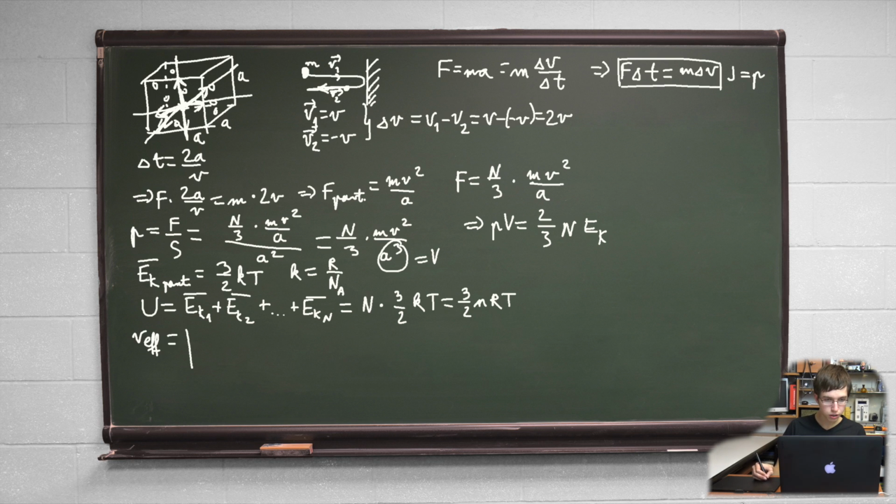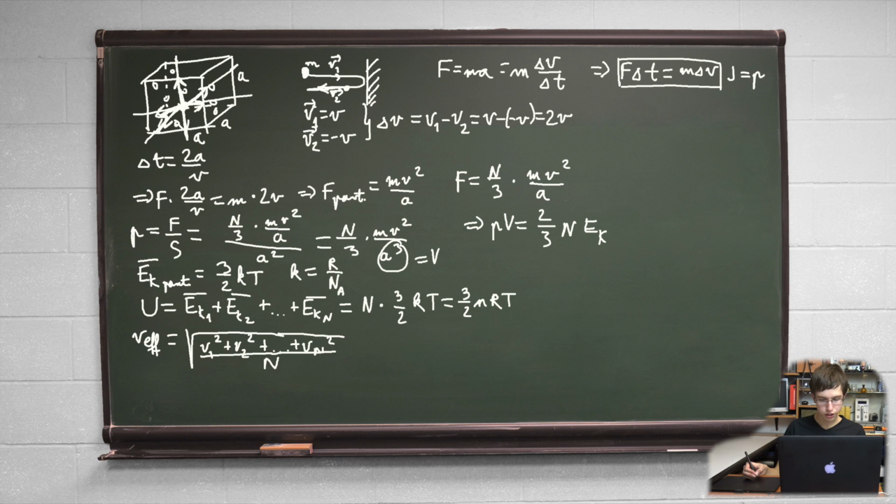So it is the square root of this proportion: the sum of all squares of gas particle speeds, so speed of gas particle number 1 squared, plus speed of gas particle number 2 squared, plus all the way to the speed of the last gas particle squared, over the total number of gas particles N.